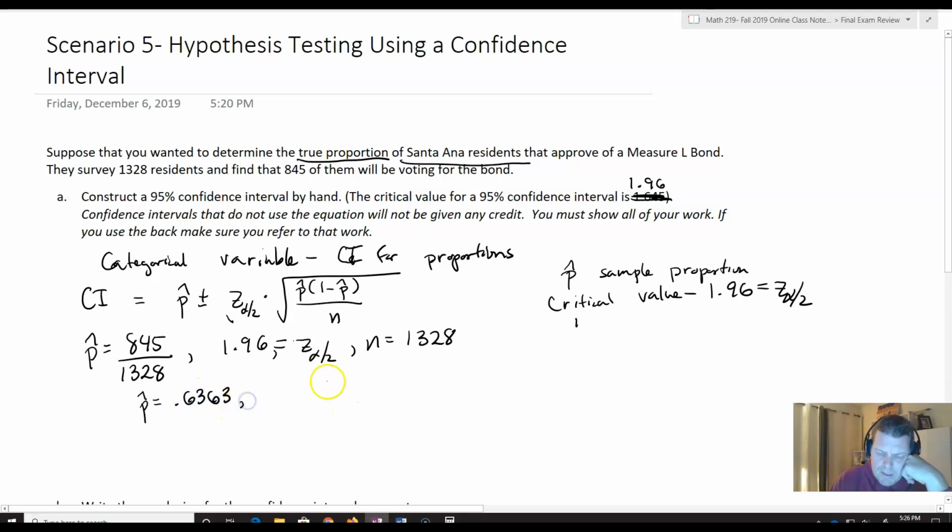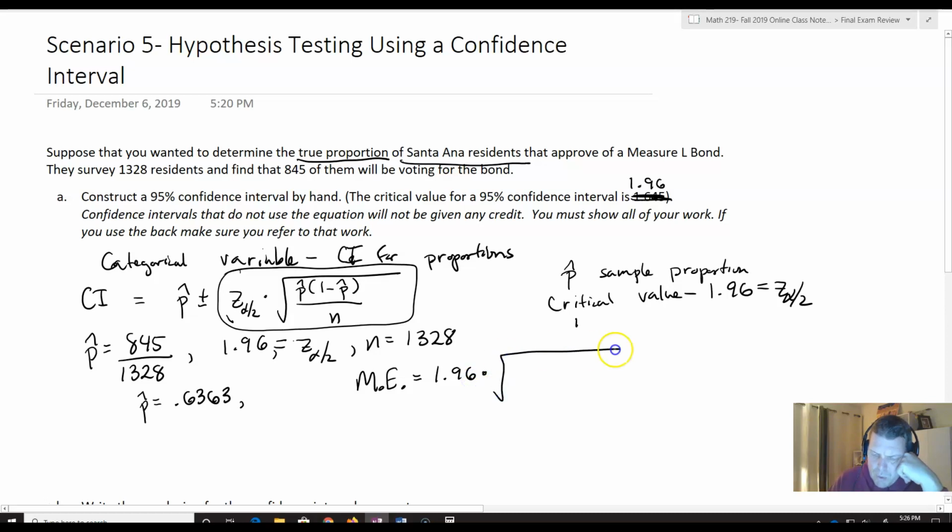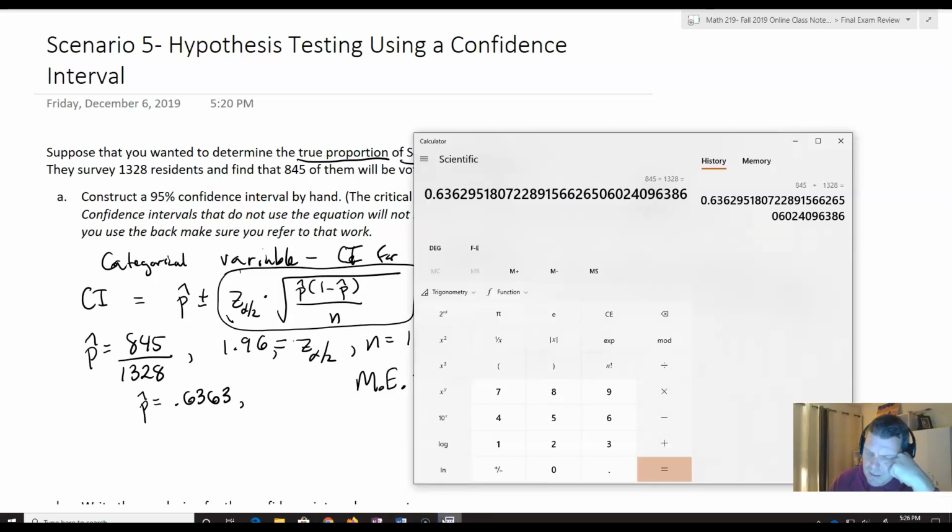Now for my equation, I'm going to find the margin of error first, which is this piece right here. It's just going to be easier to do that. My margin of error is going to equal 1.96 times the square root of 0.6363 times 1 minus 0.6363, which is 0.3637.